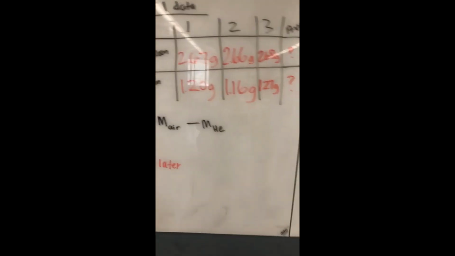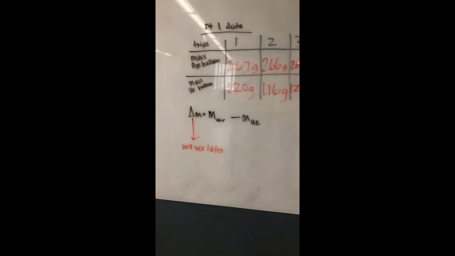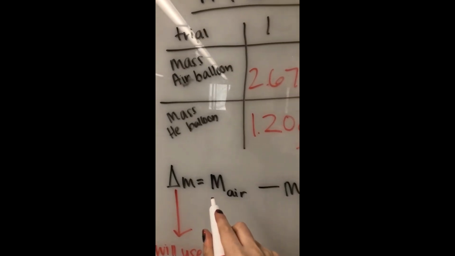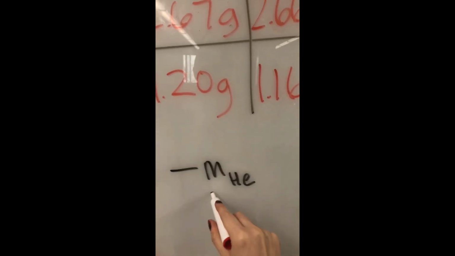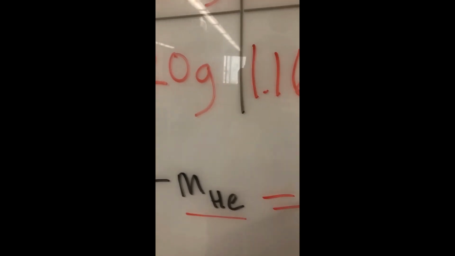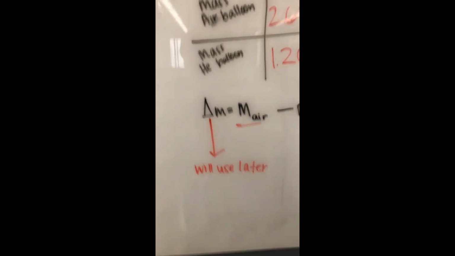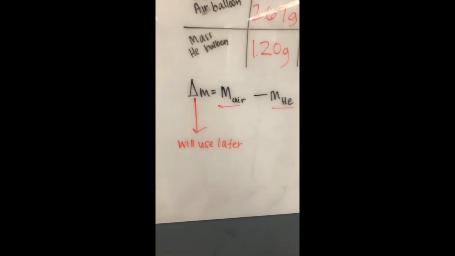Hopefully you can figure that out with the given values, and then once you know the average, you can plug those values into here and here to solve for delta M, and then put that in your back pocket because we will use it again later.